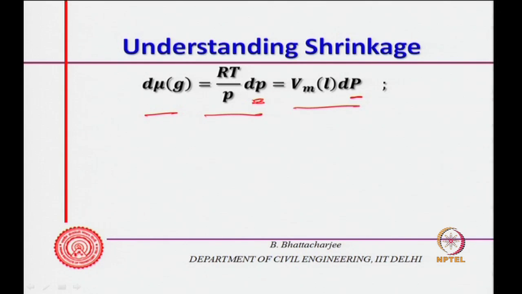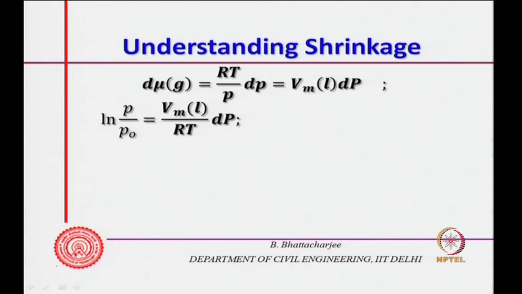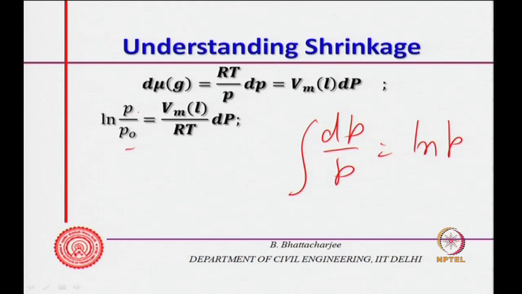So, if you integrate both sides, you will get ln P by P 0, because if you integrate dP by P you get ln P, with limits P 0 to P. So, vapor pressure changed from P 0 to P, and that must equal V m L by R T times the applied pressure dP.